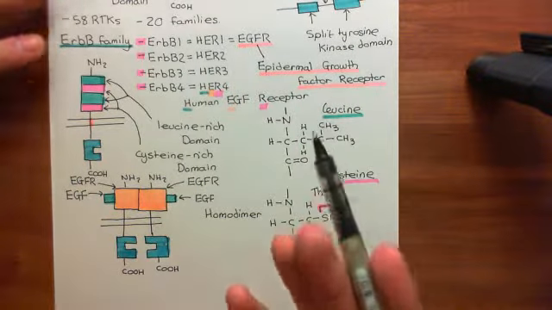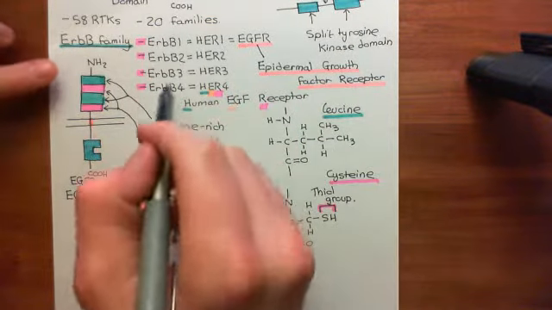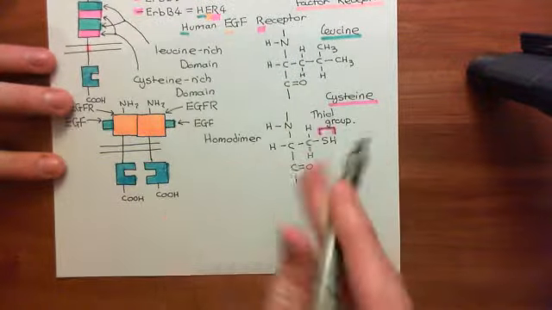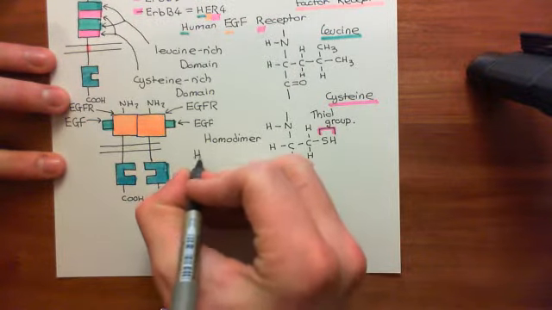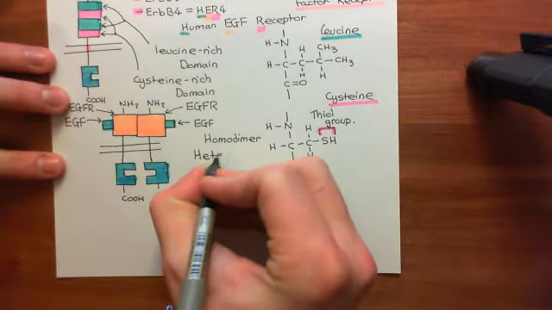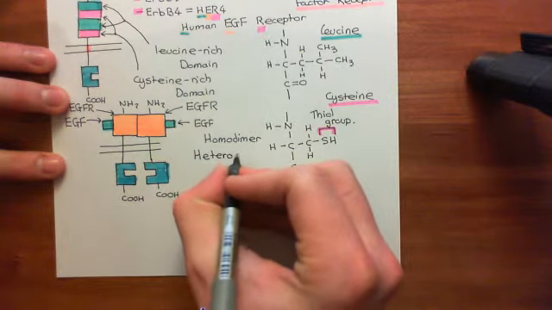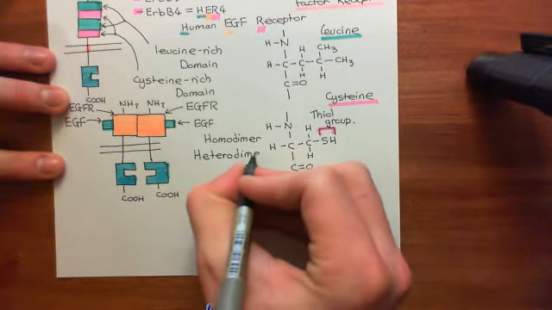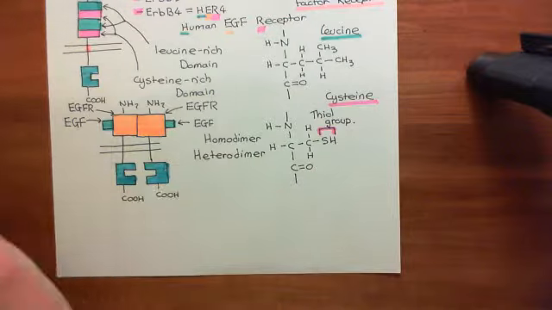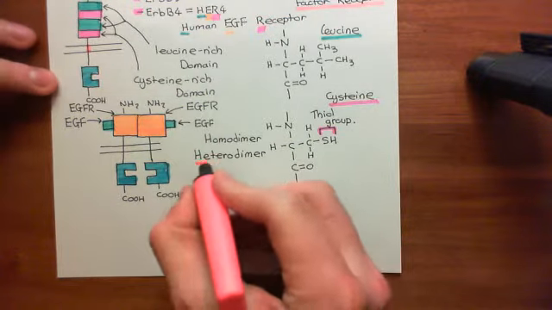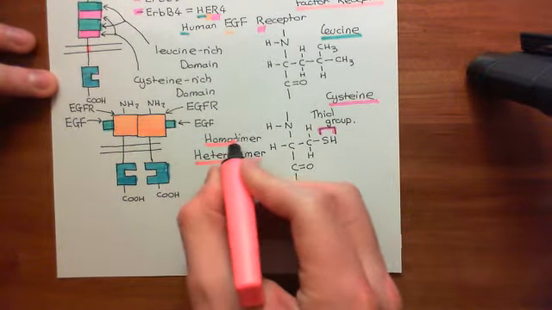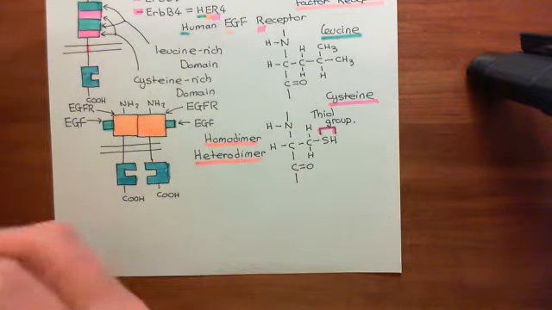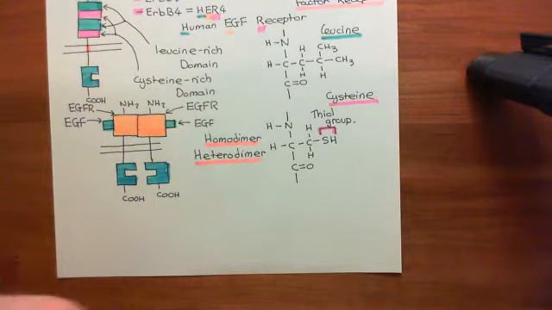Okay, it can't be, for instance, a vascular endothelial growth factor receptor. It has to be one of these other B family members. Okay, and when it dimerizes with another family member which isn't identical to itself, that's called a heterodimer. Hetero means different, dimer once again means two-membered structure. So the two members in the two-membered structure are different in the case of a heterodimer.